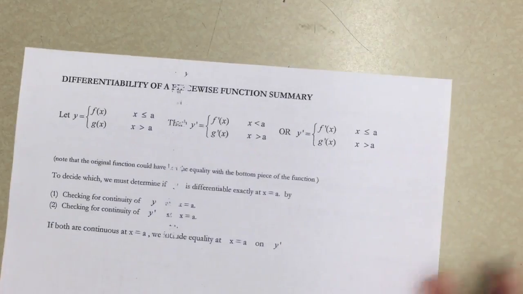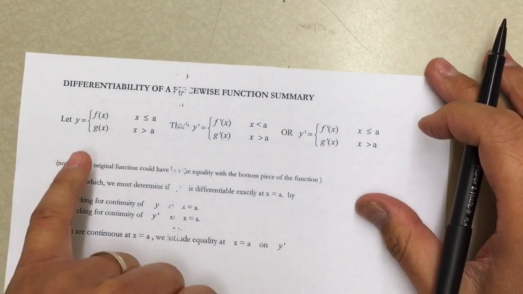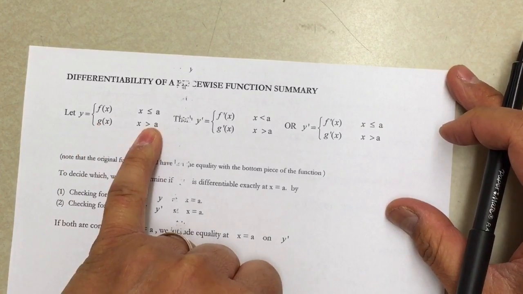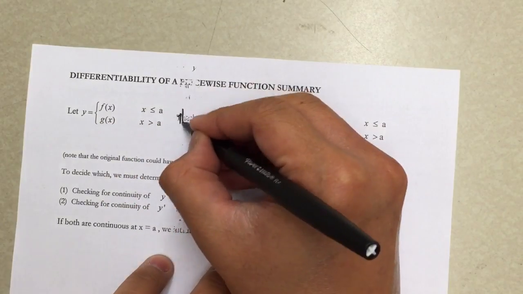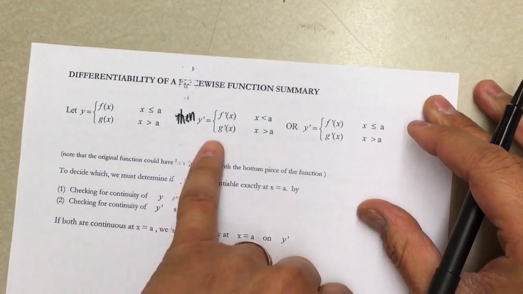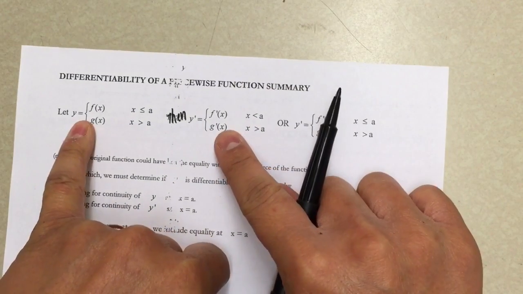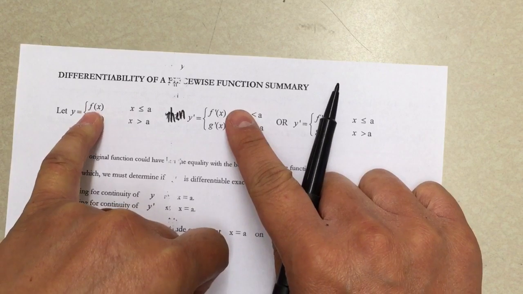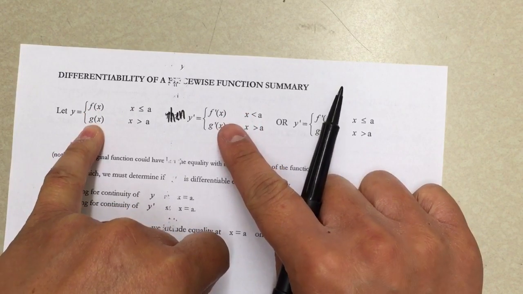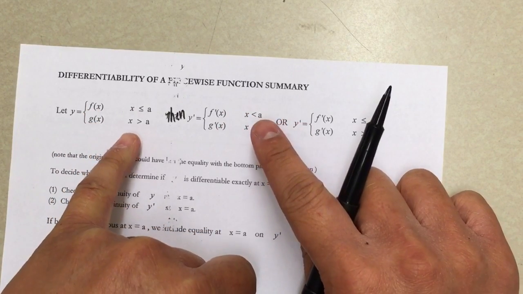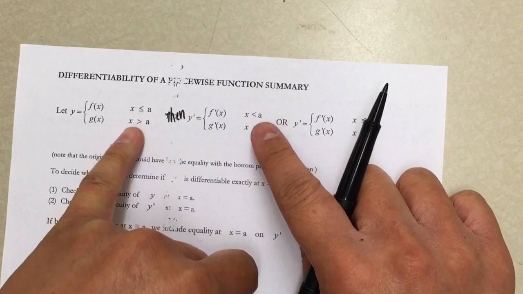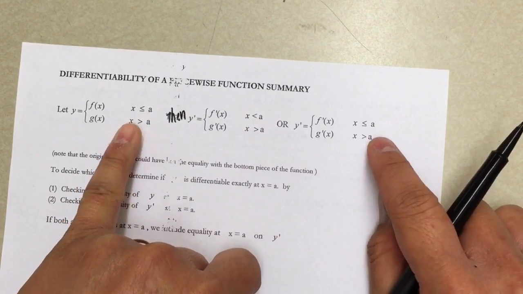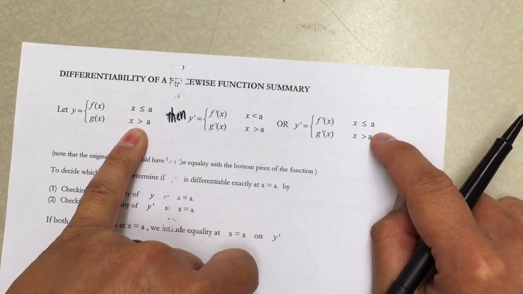So here's what we know. When given a piecewise function, then the derivative of the piecewise function is just the derivative of each one of these parts separately. And we either don't include the boundary, you see how the equal sign wasn't included, or we include the boundary.